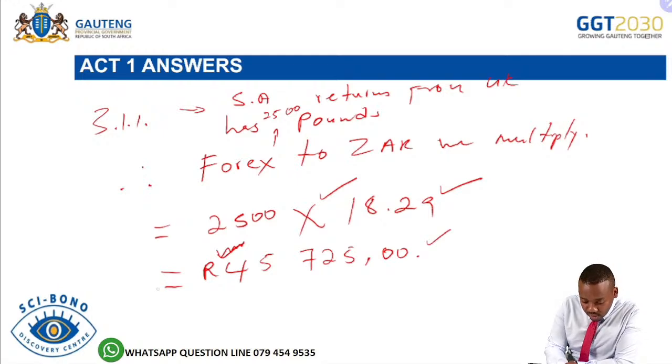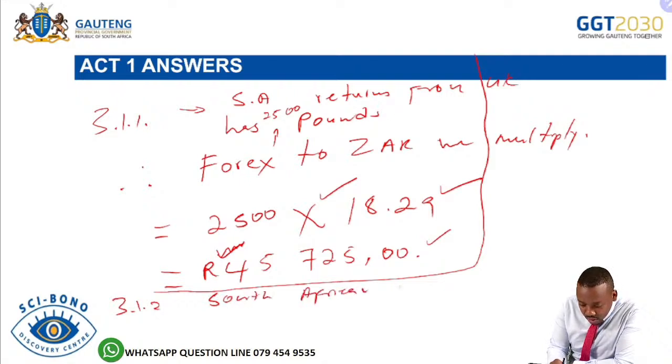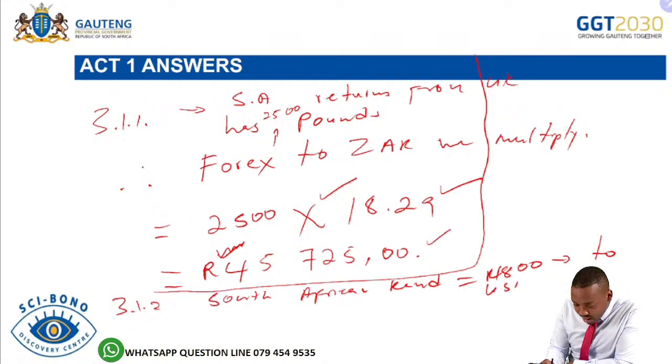What was the rule? We're done with this one, right? So on that one, 3.1.2, we have South African rand, and how much is it? 1,800. And then we are converting to US dollars.